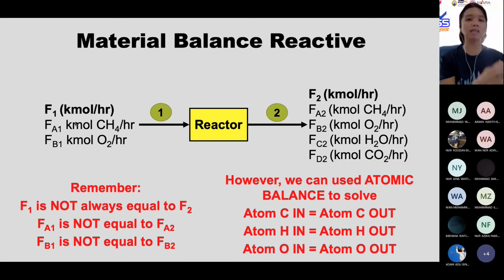Why? Because this methane and oxygen will be consumed during the reaction. Meaning 100 methane entering will not be 100 methane leaving the reactor, because methane will be consumed in the reaction. That's why I say the compound balance of in is no longer equal to out for a reactive process.